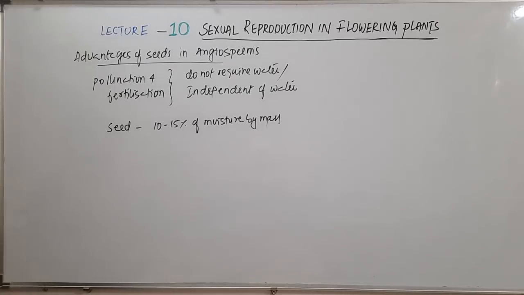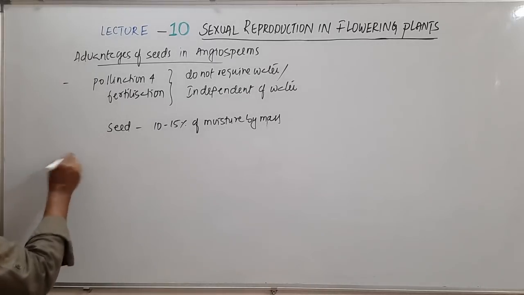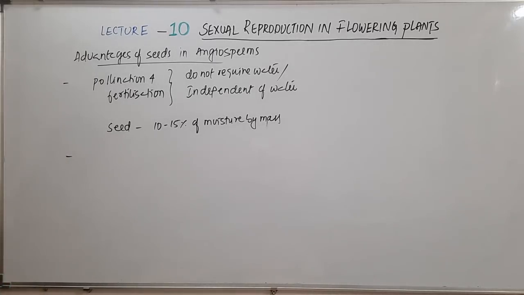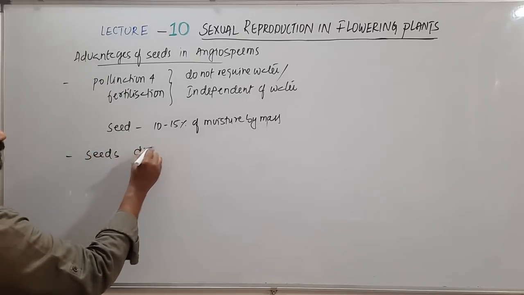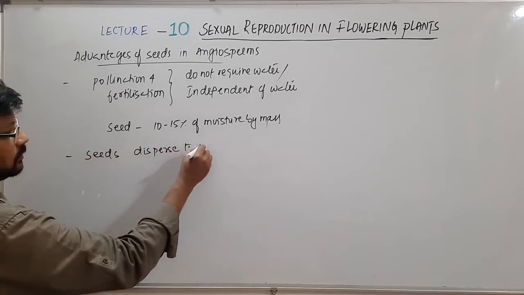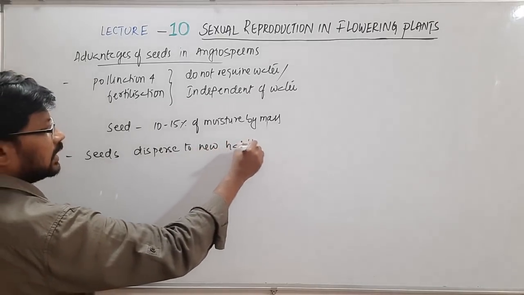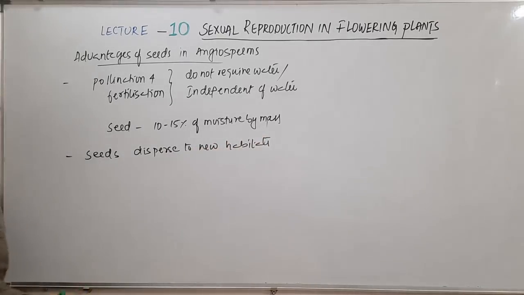And the next one is that seeds can help dispersal to new habitats, new locations. Once the seeds are formed, they will be carried by wind, or water, or animals to different locations.